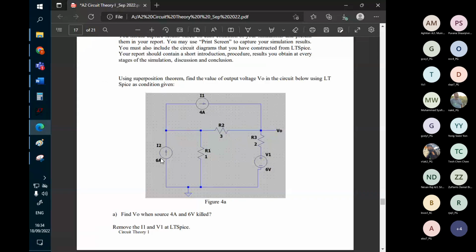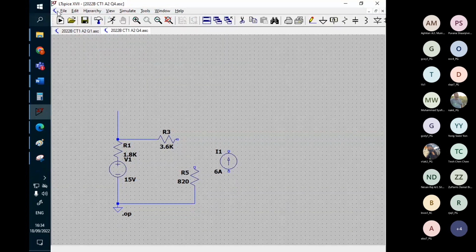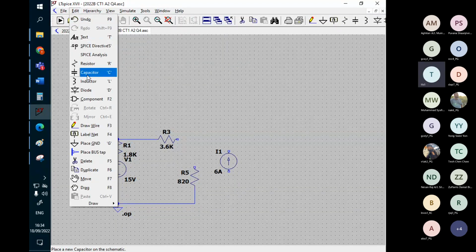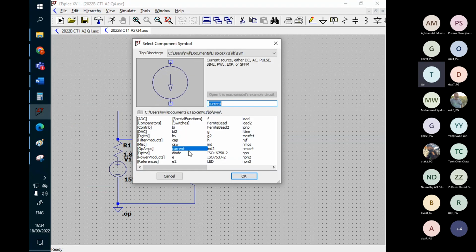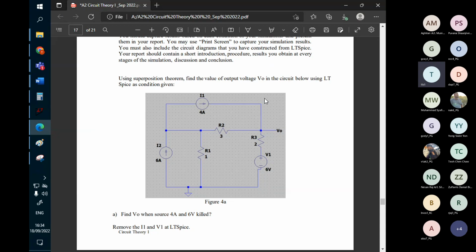Okay. Then another one here on the top. Let's get another one. Edit, component, current, rotate. The Q pointing to the right hand side.